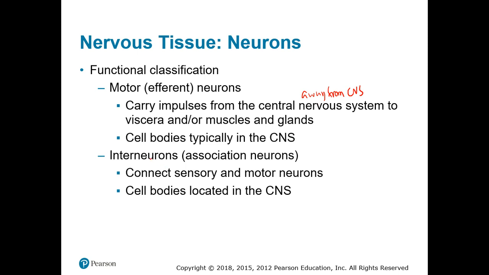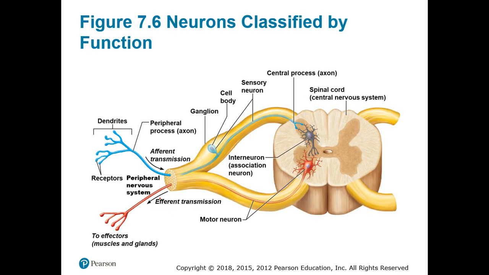The last type is a special type called interneurons. These are sometimes called association neurons, and these help connect our sensory and our motor. So they're like the middleman, and so the cell bodies are going to be located within our central nervous system. So if I go back to this picture, again, here we have our sensory neuron because it's taking messages to our spinal cord, our central nervous system.